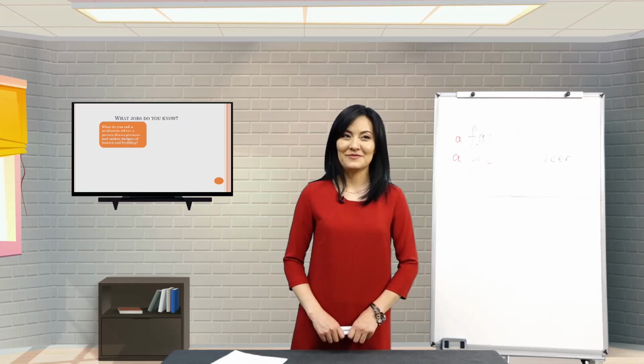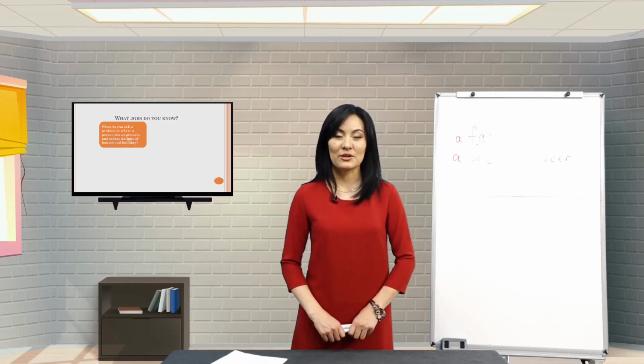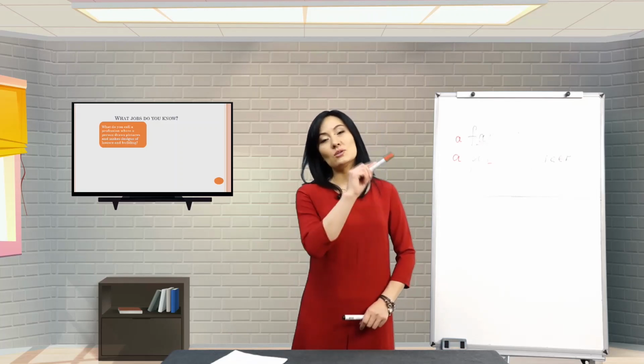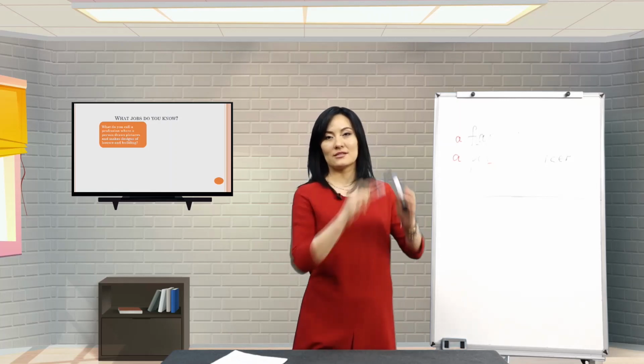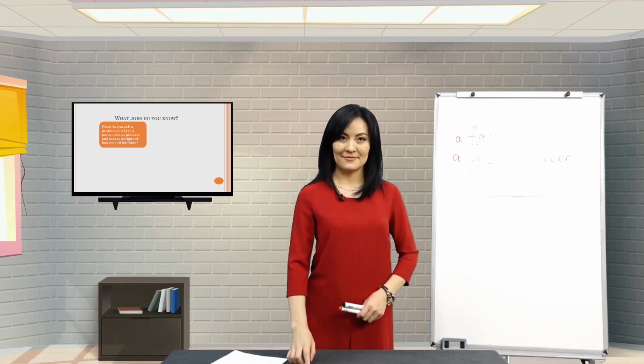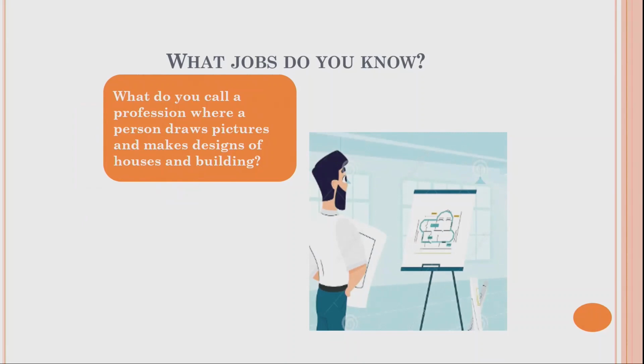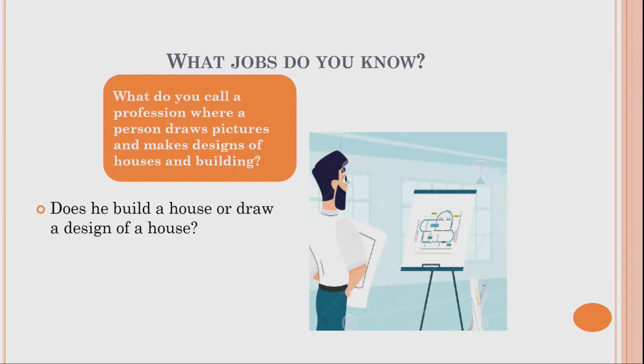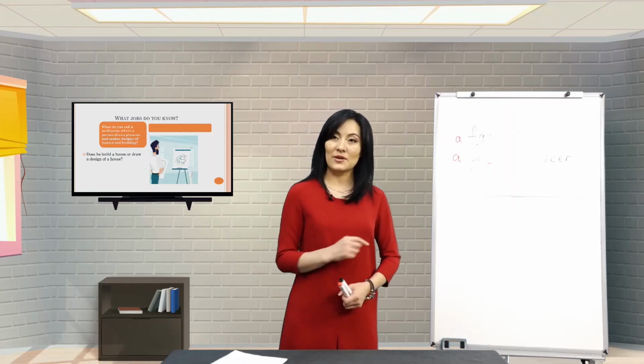Let's continue. What do you call a profession where a person draws pictures of houses? Yes, it's an architect. Does he build a house or draw a design of a house? He draws. Let's write this word together.